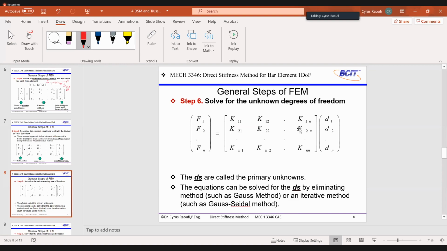Then what you really have here is a set of linear algebraic equations. Our job is to just create this matrix and then MATLAB is going to solve it. For the simple cases we are going to solve, you can see how we can solve this kind of equation. But when it gets very complicated in terms of size, there is no way you can do hand calculation. You have to use software like MATLAB.